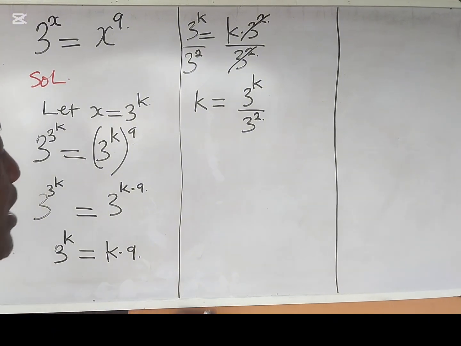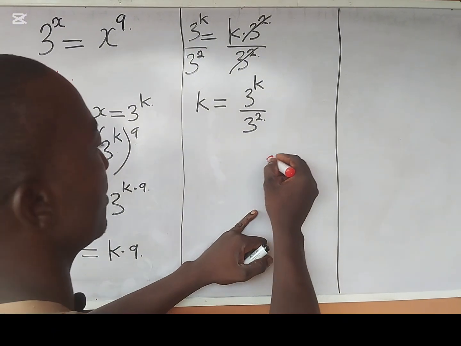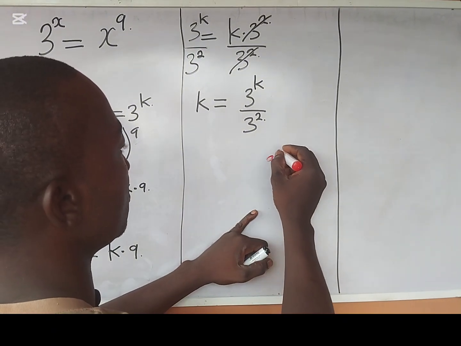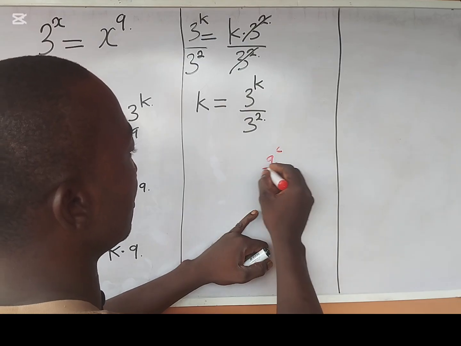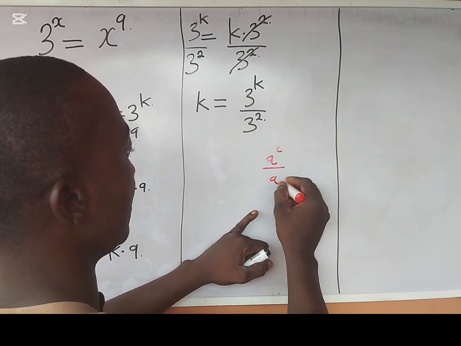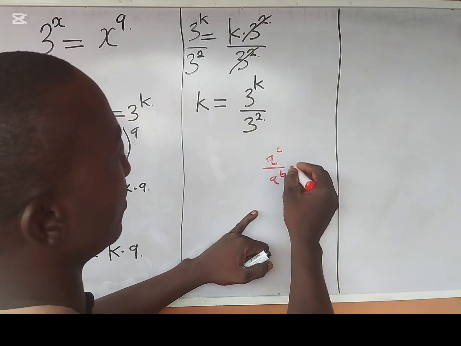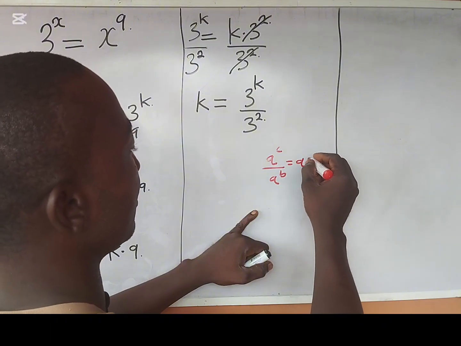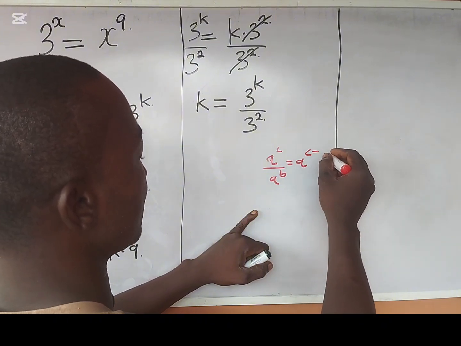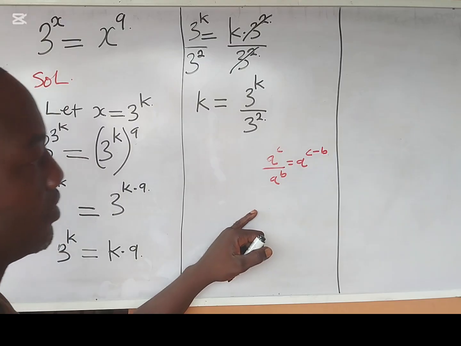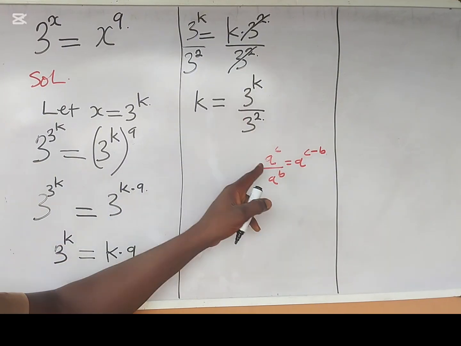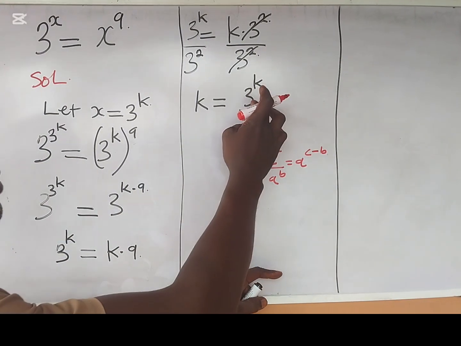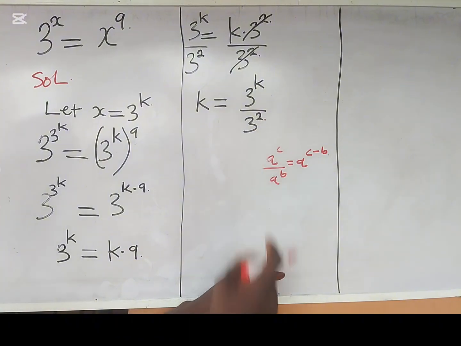In indices, if we have a raised to the power of c divided by a raised to the power of b, we can write it as a raised to the power of c minus b, provided the bases are the same. Here we have 3 as the base here and 3 as the base here.